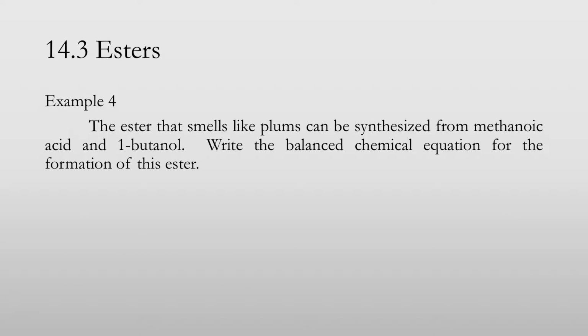Example 4. The ester that smells like plums can be synthesized from methanoic acid. And so I'm just going to draw that. And 1-butanol. All right, so we've got 4 carbons, 2, 3, 4, and the alcohol is going to be at the 1 position.